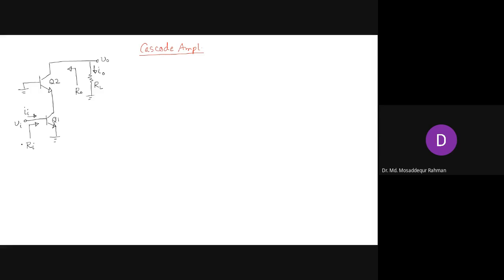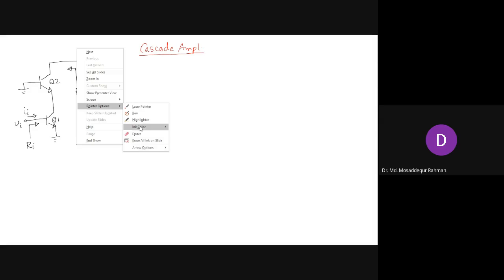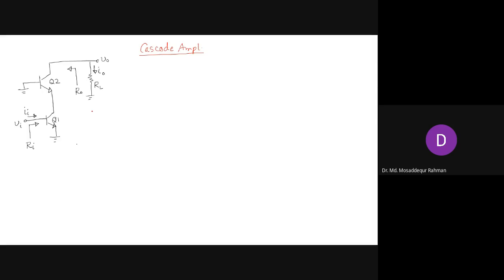So that was our common emitter, common base cascode amplifier. Okay, so first I write the different features of this one that we obtained in our last class.